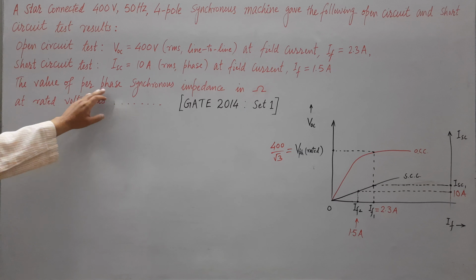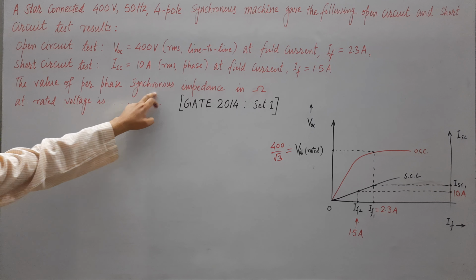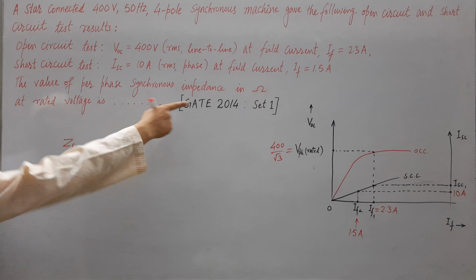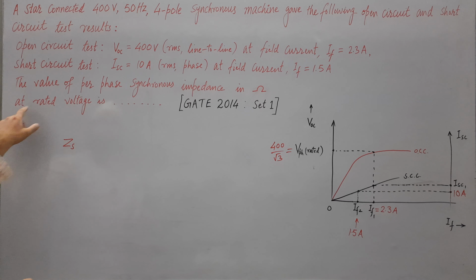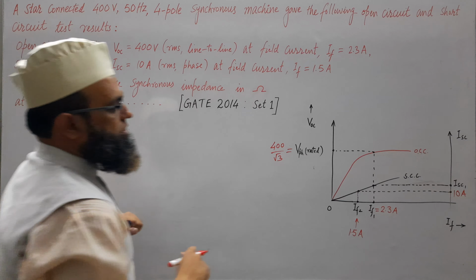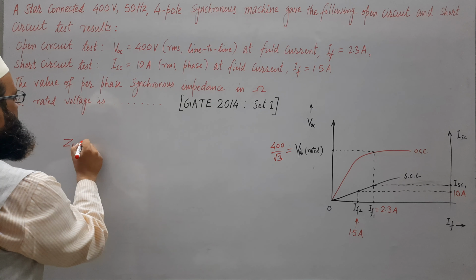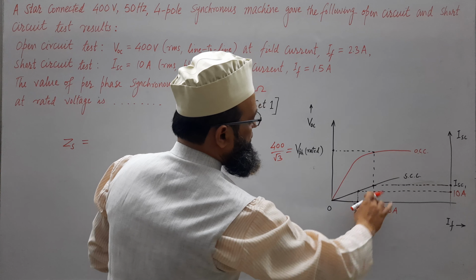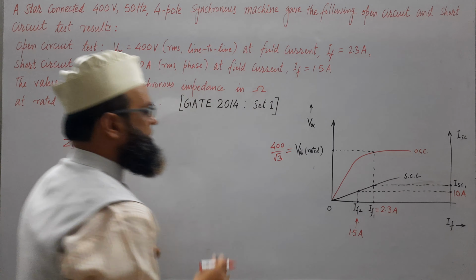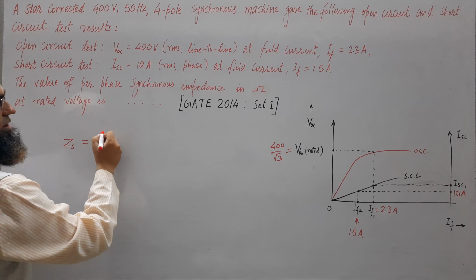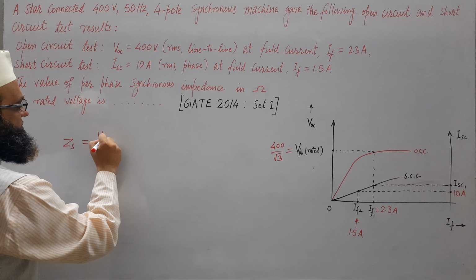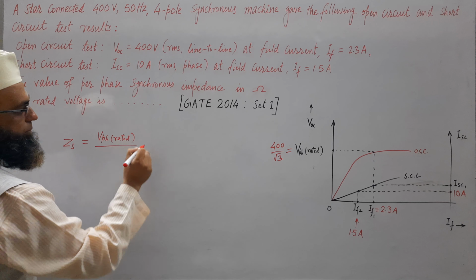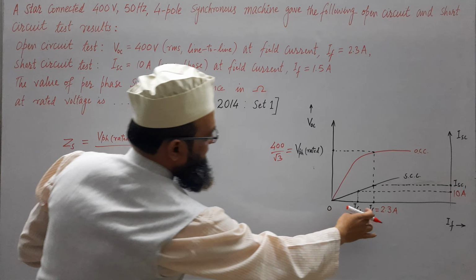Now we need to evaluate the synchronous impedance ZS at rated voltage. It is the open circuit voltage upon the short circuit current, that is ISC1. So we may write VPH rated upon the corresponding short circuit current at the same field current.